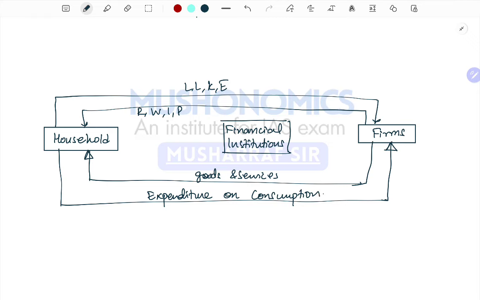Now you see, households will put their savings in financial institutions, and they will earn interest on it. When you put your savings into a bank account, these banks are lending loans to the firms, and firms are giving interest on these loans.